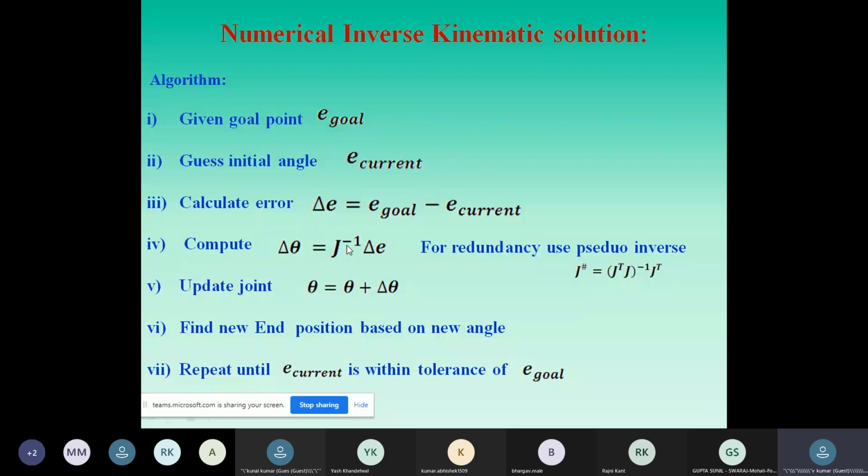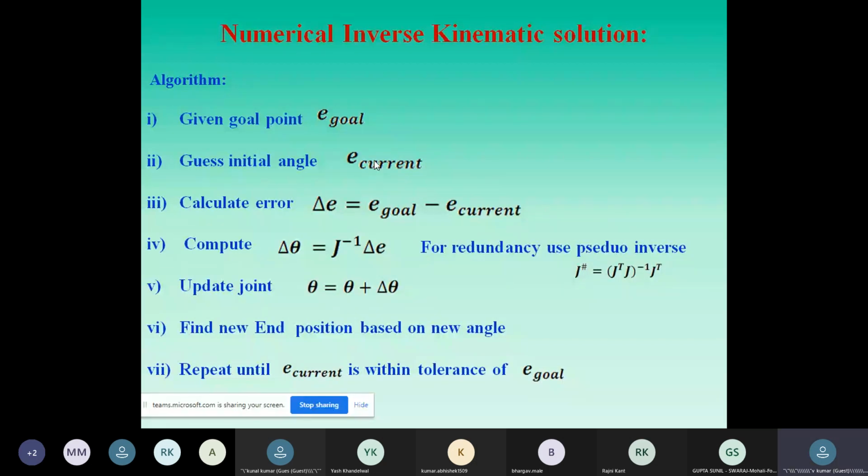For that position we calculate the Jacobian matrix, the error between goal position and current position we know, and del theta we calculate.